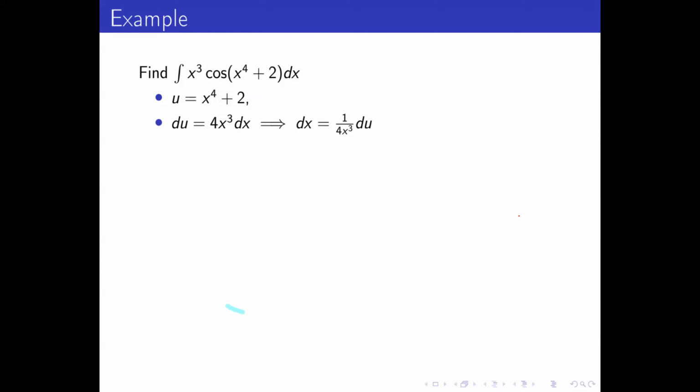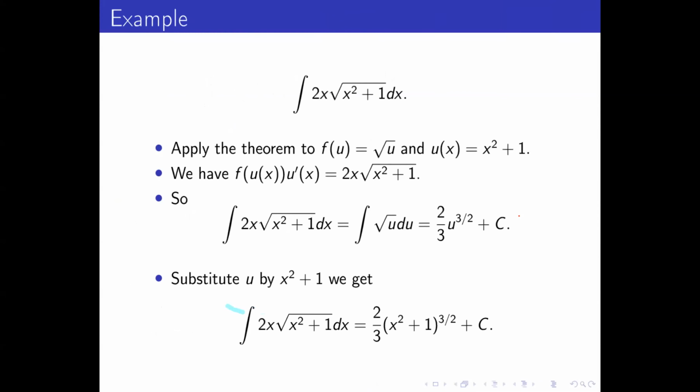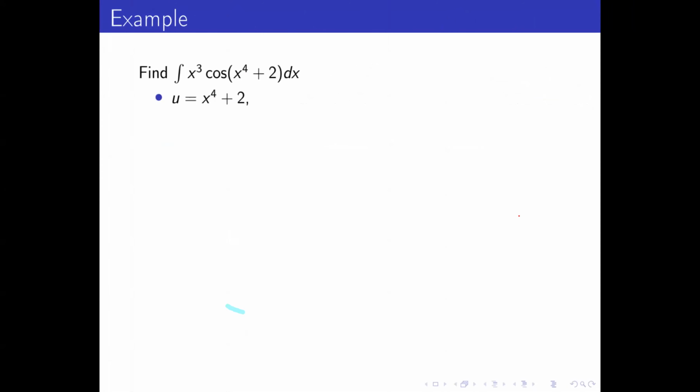Okay. So before, what we did is we guess the function f and u, and then you rewrite everything in terms of u, put it in and check that f(u) times u prime gives you what you need. Another way is you guess what u is, and then you try to write this integral in terms of u.